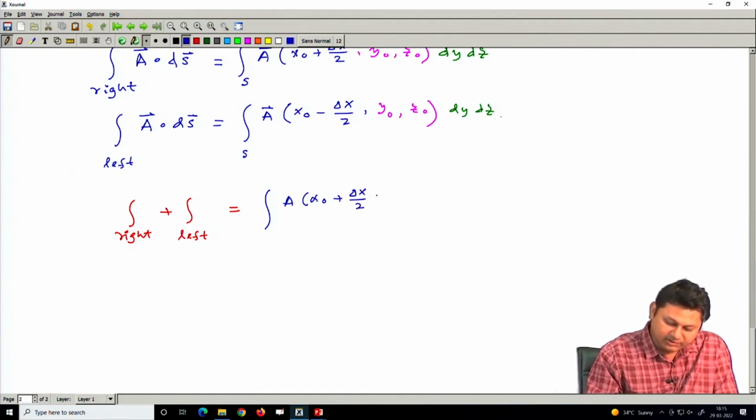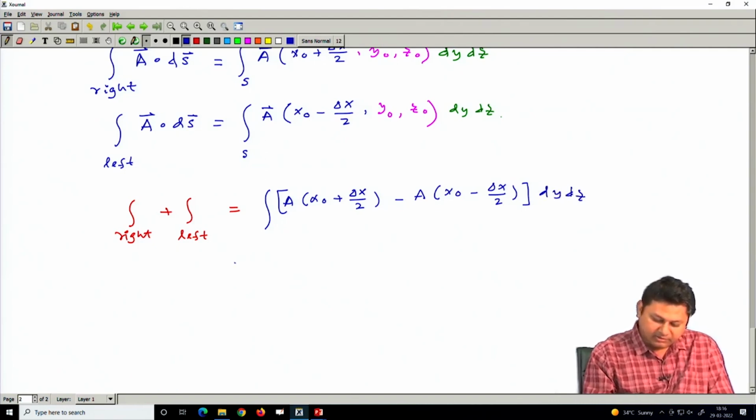I am not writing y 0 and z 0 because there is no change. Making a Taylor series expansion can give you simply this quantity.